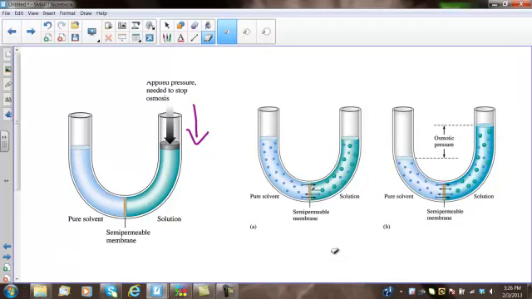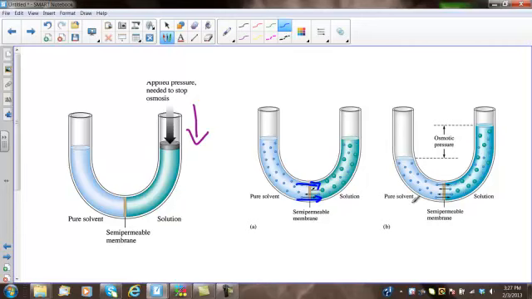Over here on the right, in A, we have a pure solvent and its solution containing a non-volatile solute, separated by the semipermeable membrane in the middle here. You can see that the solvent molecules can pass into the solution, and they can go back across to the left. However, the solute molecules, which are the greenish ones here, can't.